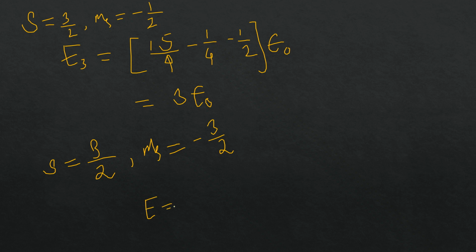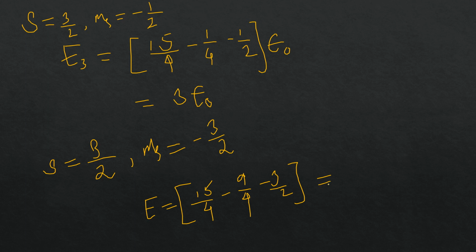This one will become 15 by 4 minus 9 by 4, because 3 by 2 square, minus 3 by 2.